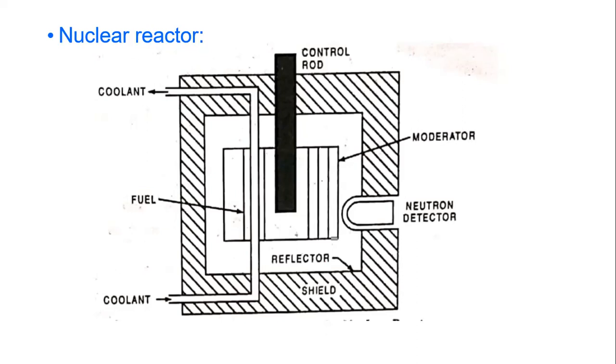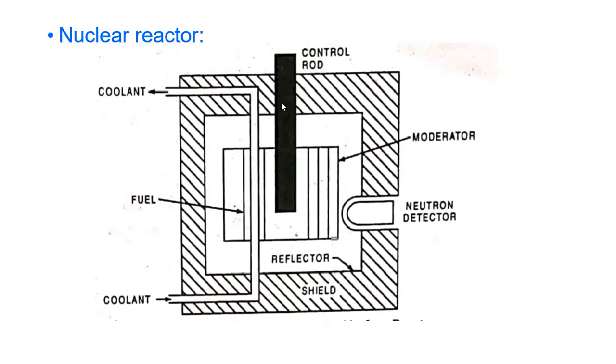This is the basic diagram of the nuclear reactor. The main components in a nuclear reactor are the coolant, nuclear fuels, and control rods.